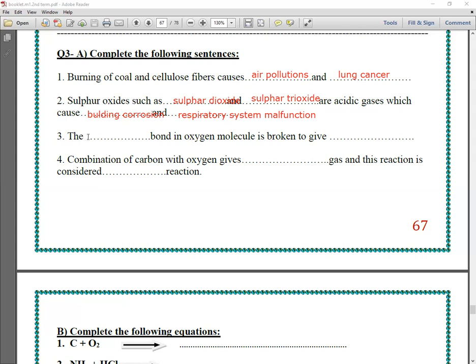Double covalent bond in the oxygen molecule is broken to give negative ions.